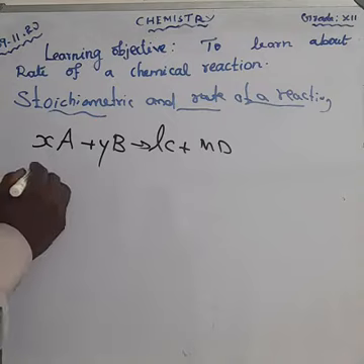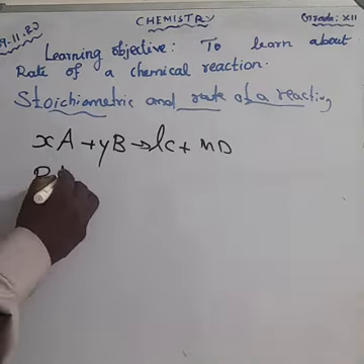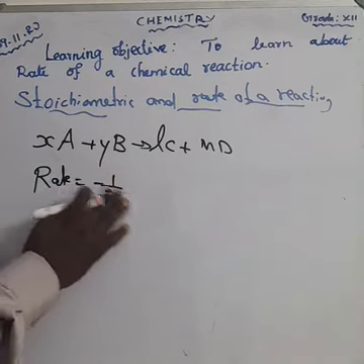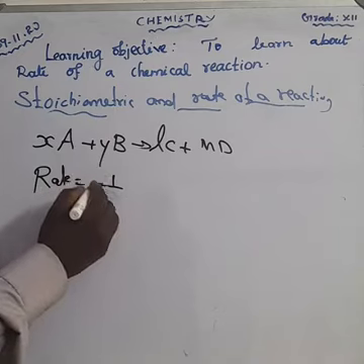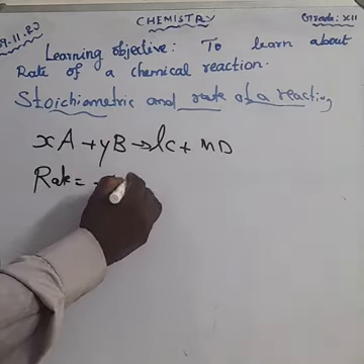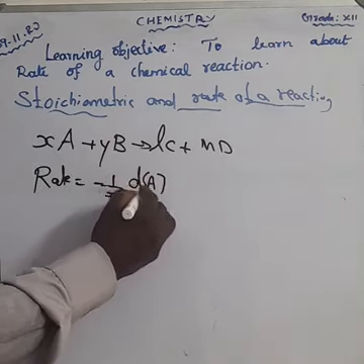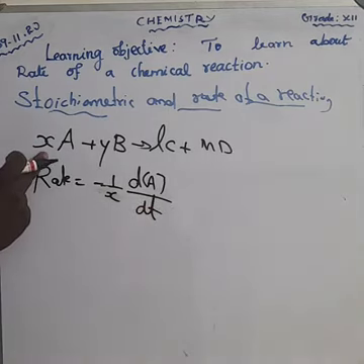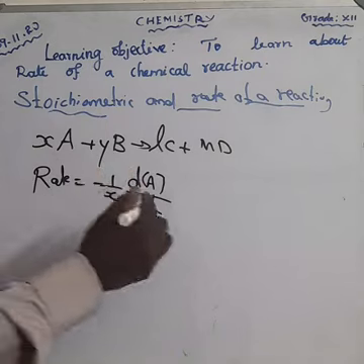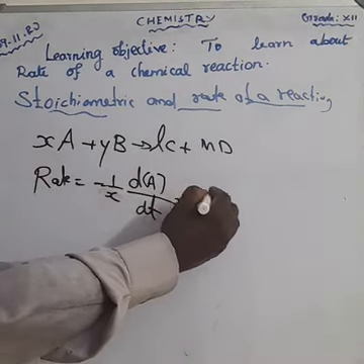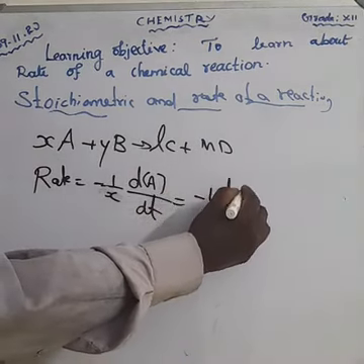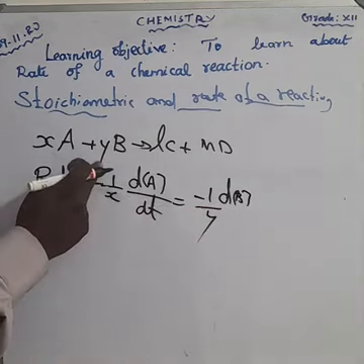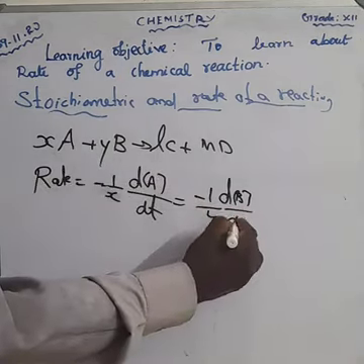Rate is equal to minus 1 by x dA by dt. We are writing the coefficient. That is equal to minus 1 by y dB by dt.